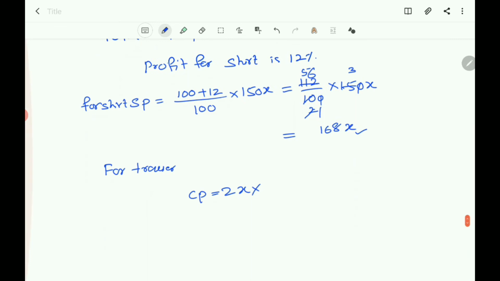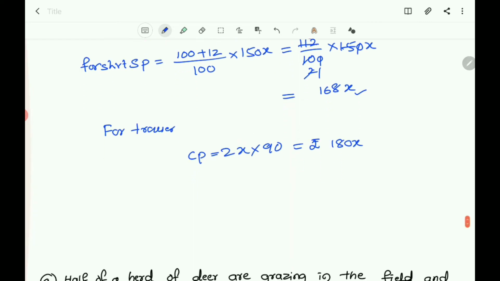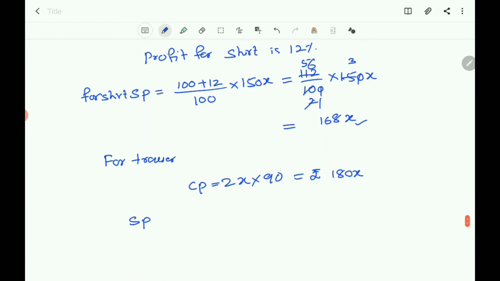So you take 2x into 90, that is 180x rupees. Then for trouser, the selling price: the profit for trouser is 10%.